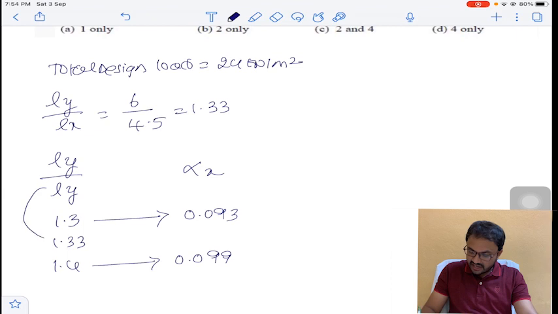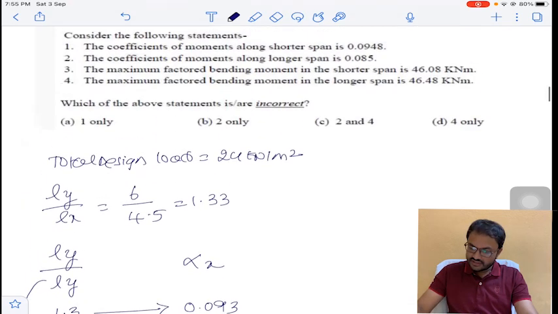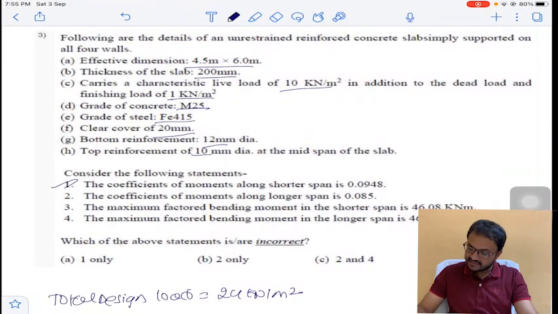So alpha x value corresponding to 1.33 value of Ly by Lx, clear? So that value I got is 0.0948. So finally alpha x value, that is moment coefficient along shorter span, that is along x direction, we got as 0.0948. Clear? So he has given the statement as this only. So the first statement is correct.